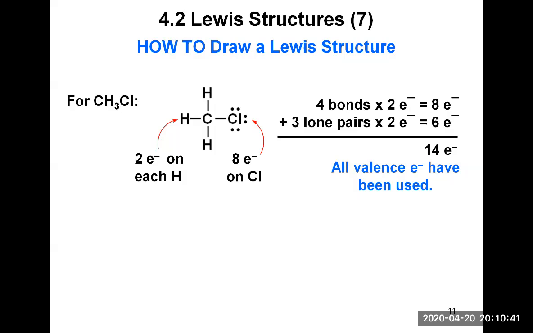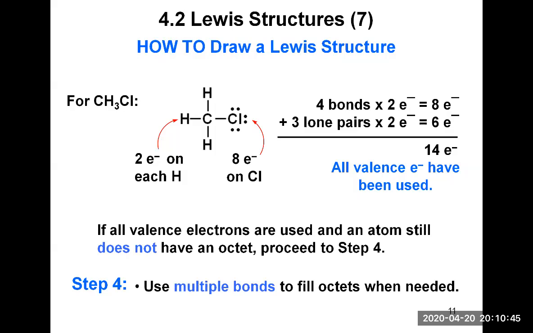And if you look at it again, you see that you have 14 electrons in total. 8 around carbon, plus 6 more around the chlorine. So 8 plus 6 is 14. So you know this structure is correct.